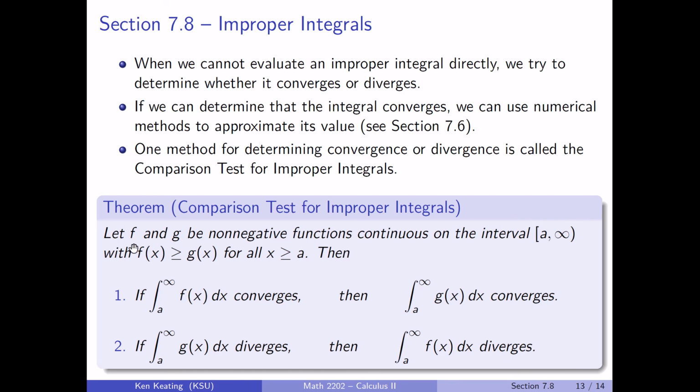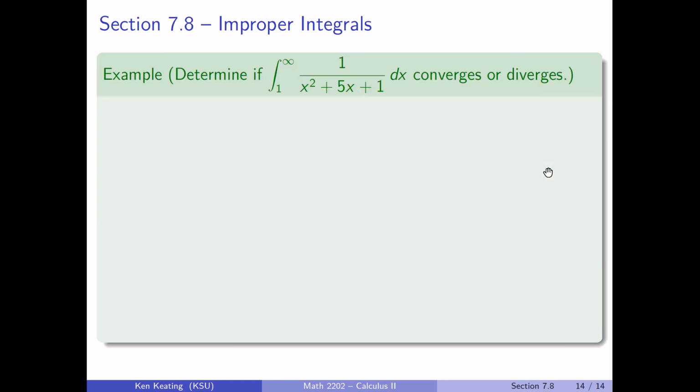Similarly here, just knowing that the integral of f diverges tells me nothing about g. Infinity could be bigger than infinity, or infinity might be bigger than 6. So I have to make sure that it works the right way. If I know that the integral of the bigger one converges, it forces the integral of the smaller one to converge. And vice versa. If the integral of the smaller one diverges, then I know the integral of the bigger one must diverge.